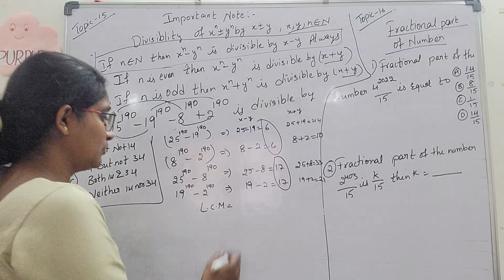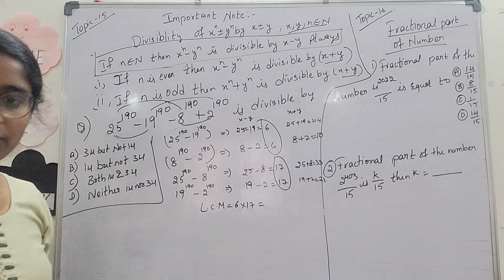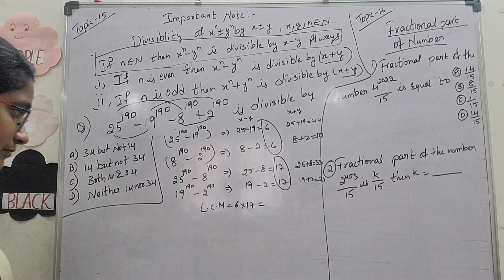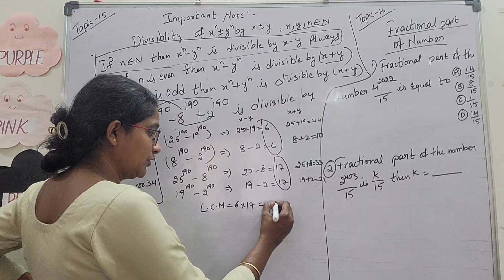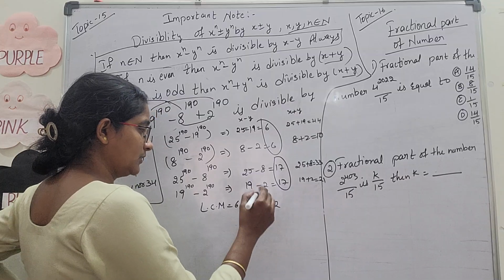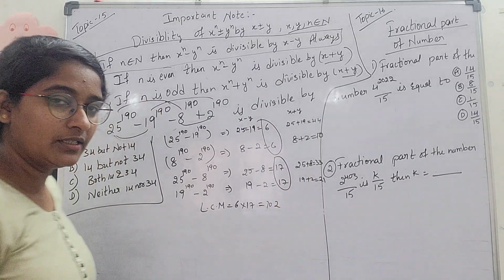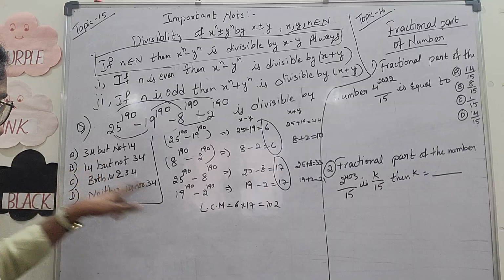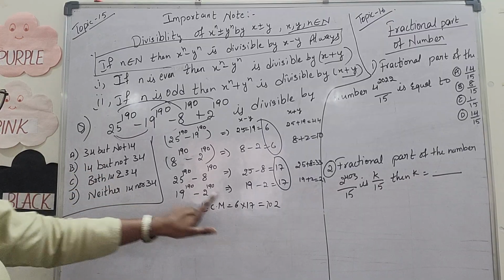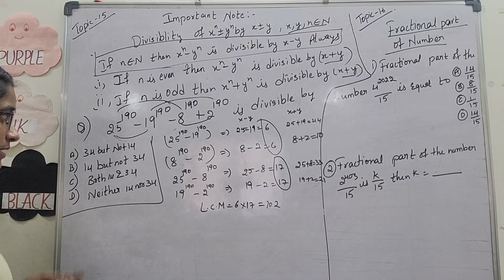So LCM of these both, 6 into 17, how much is it? 6 sevens are 42, plus 60, so 102. So we'll check the options 34 but not 14. 17 twos are 34, but 17 threes is not 14.